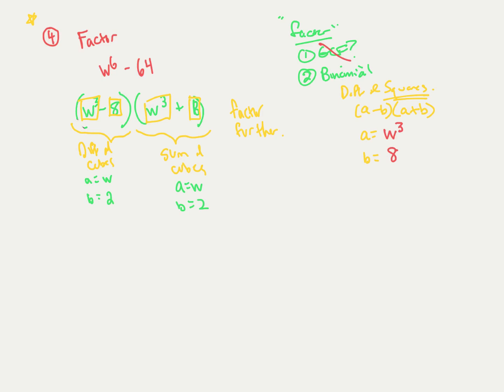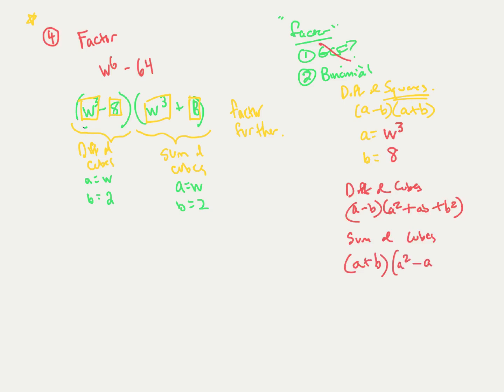So since we're doing cubes, the formula for the difference of cubes, that was a minus b, a squared plus ab plus b squared. Hopefully you have that written down already. Also, sum of cubes, which is a plus b, starts with a sum, and then a squared minus ab, and then plus b squared.